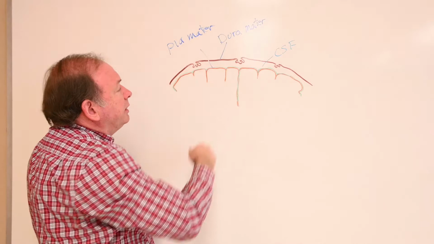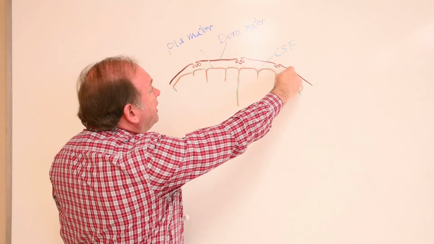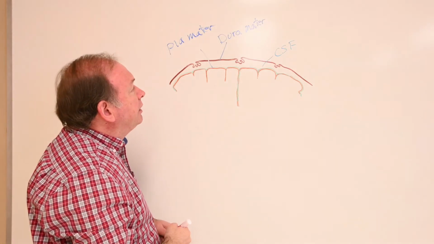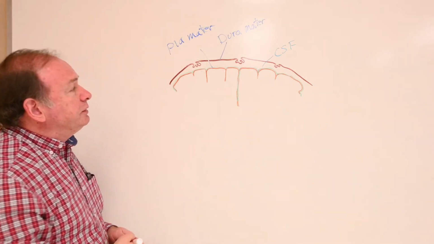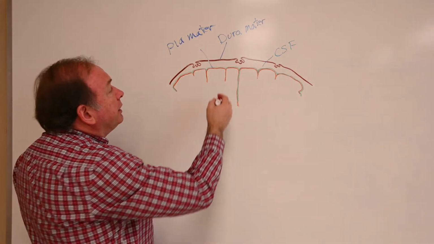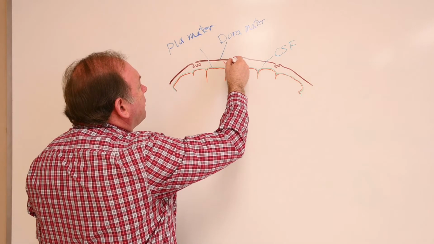Then you have that fluid space. Then you have a very dense, very tough layer of connective tissue lying outside the brain and the cerebrospinal fluid there. Underneath the dura mater in here, I'll draw the arachnoid layer.